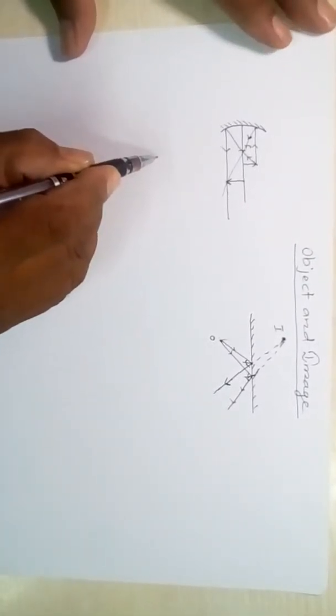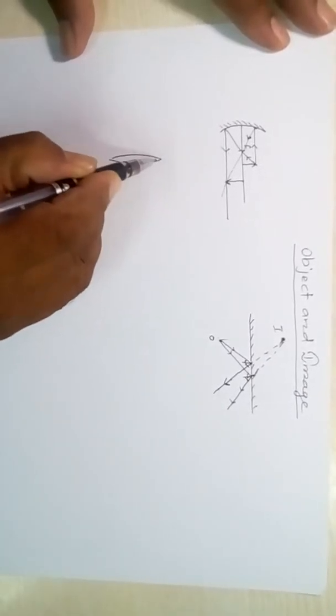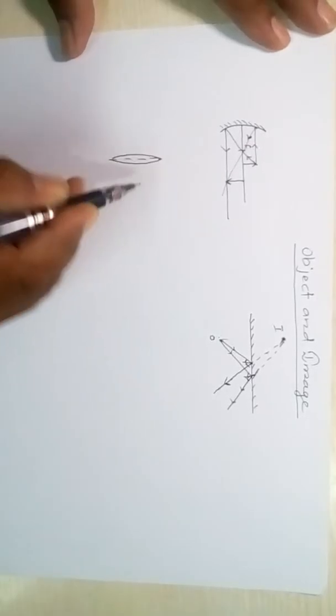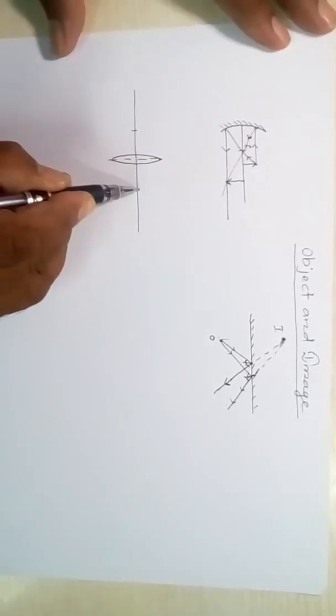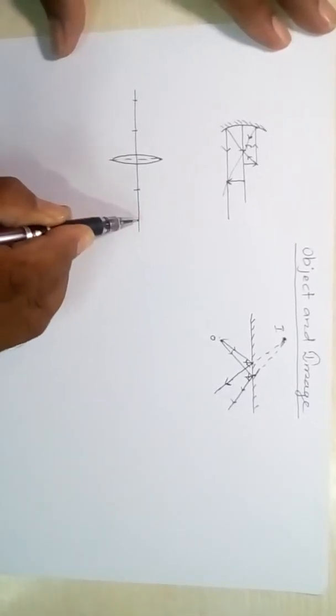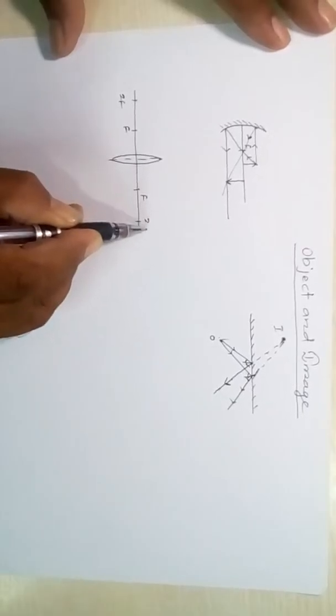Let's take another example. This is a lens. This is a convex lens, and this is the principal axis. Let's say this is the focus, and this is 2f, this 2f, this focus, this 2f, this f, this 2f.